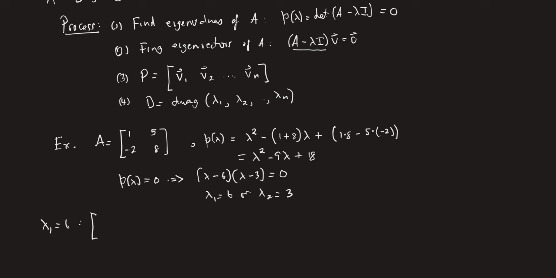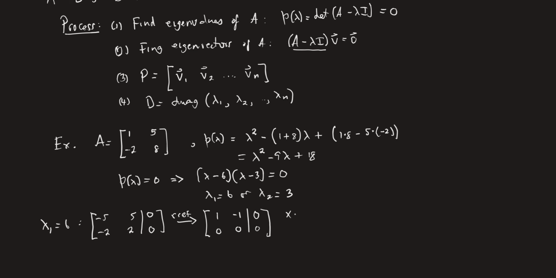So it's going to be 1 minus 6, so that's negative 5, and then we'll have a 5 there. It's going to be a homogeneous system. So we have a 0, and then negative 2, and then 2, 0. And it's not hard to see that if you put this in RREF, you'll have 1, negative 1, 0, and then 0, 0, 0.